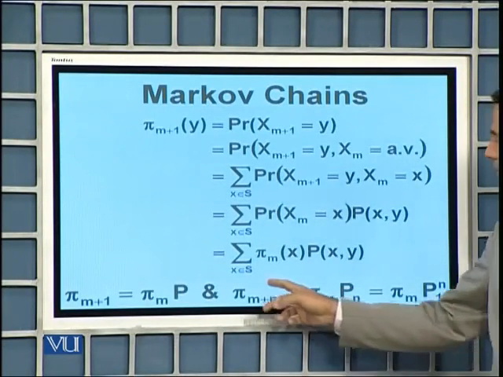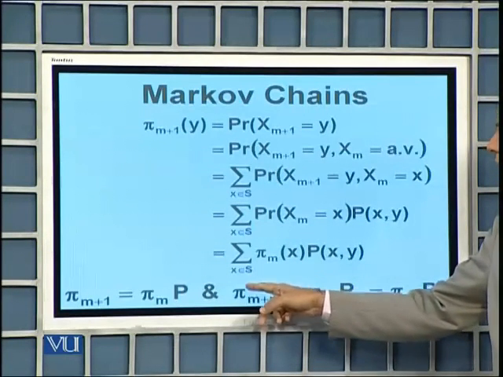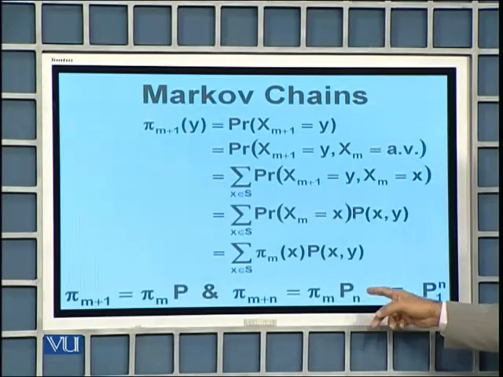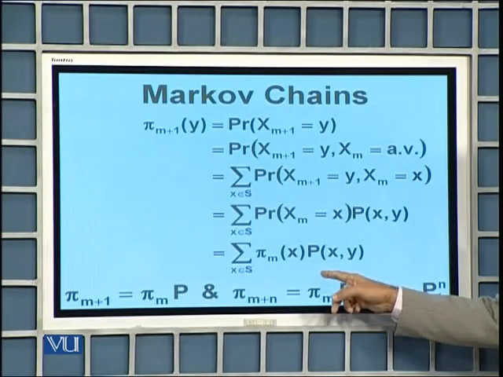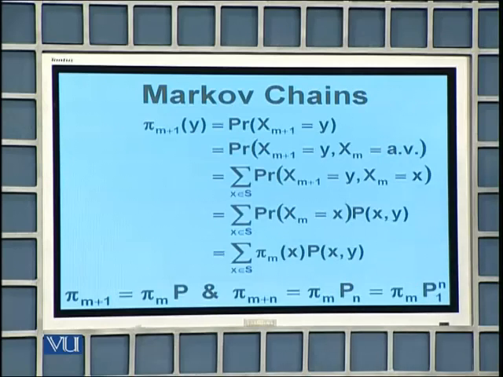And similarly, if you want to find the probability distribution of the random variable with index m+n, starting with the probability distribution of the random variable with index m, you have to use the n-step transition probability matrix, which is simply equal to the nth power of the one step transition probability matrix.